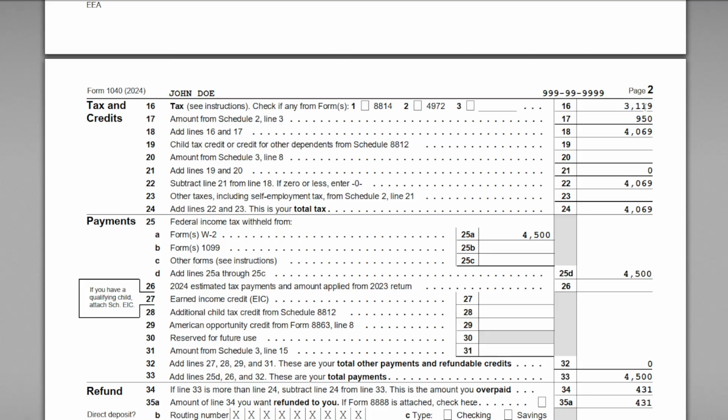The tax liability is increased for the repayment of the premium tax credit. So we have a $950 increase to taxes. So his taxes have increased to $4,069 because he has a repayment obligation for that advance PTC. So $4,069 is the total amount of tax that John owes with his return, and it comprises those two pieces.